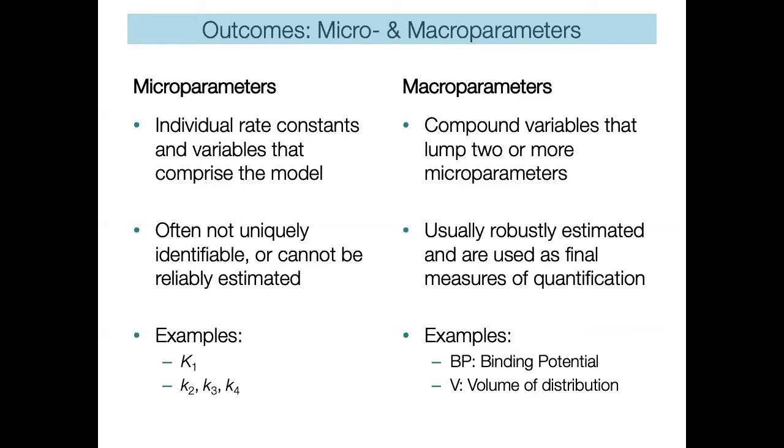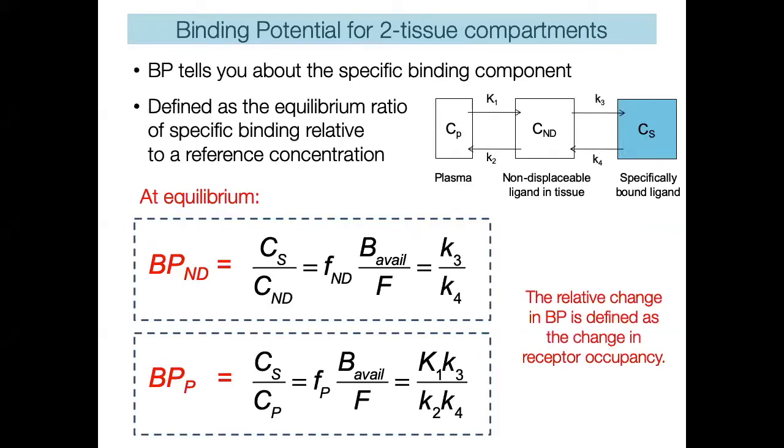Examples of this are binding potential or volume of distribution, which is an outcome parameter in PET. Binding potential, as one example, for a two-tissue compartment, tells you about the specifically bound ligand. It's defined as the equilibrium ratio of specific binding relative to a reference concentration. This reference can be, for example, a type of tissue that doesn't have any specific binding.